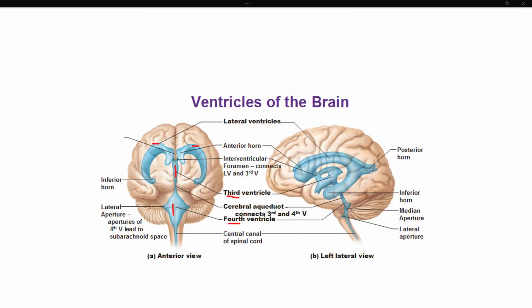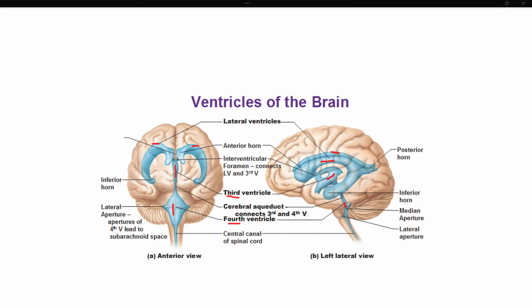Now, let's move on to the lateral view. In the lateral view, what you can see is 1, 2, the 2 lateral ventricles. This one is another view of the 3rd ventricle, and then we will move to our 4th ventricle.